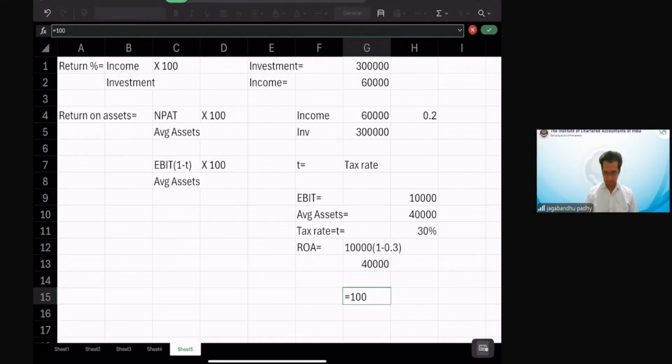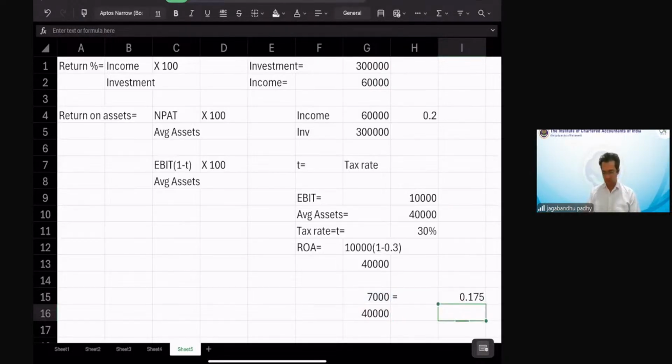That's 10,000 into 0.7 upon 40,000. 7,000 upon 40,000. That works out to be 17.5% is your return on assets, if you take the EBIT.